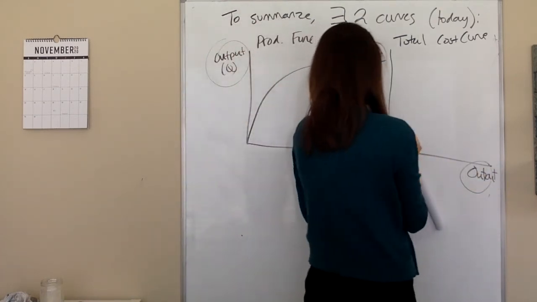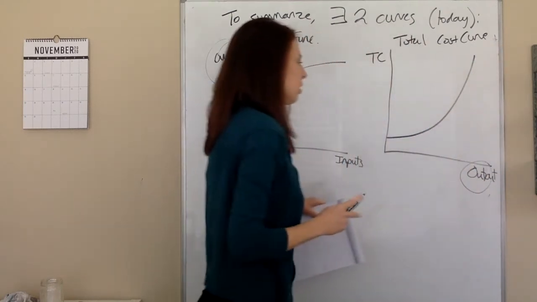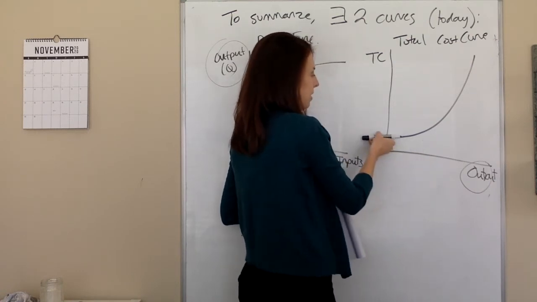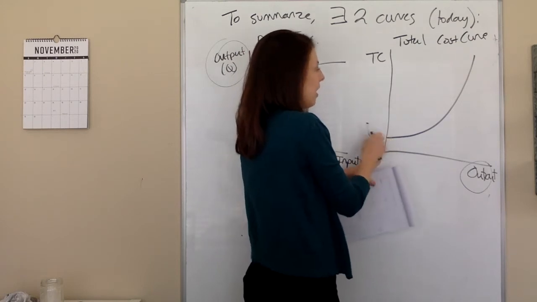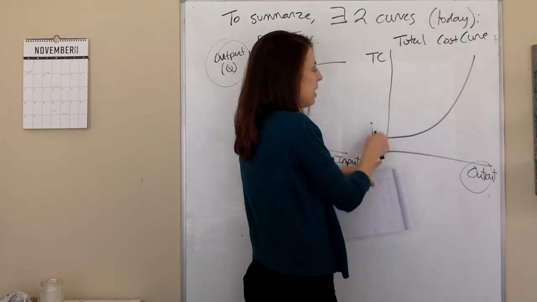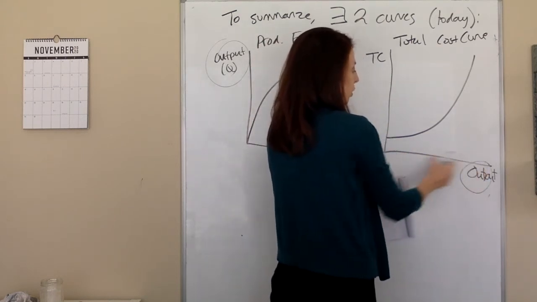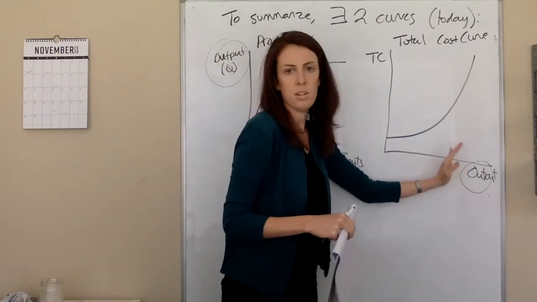And the total cost curve is going to have a slope that gets steeper and steeper. This represents the fact that as a firm wants to produce one more unit, its cost to do so is going to get higher and higher. The increase in total cost is going to be more extreme for the larger bases in the output that it's starting with.